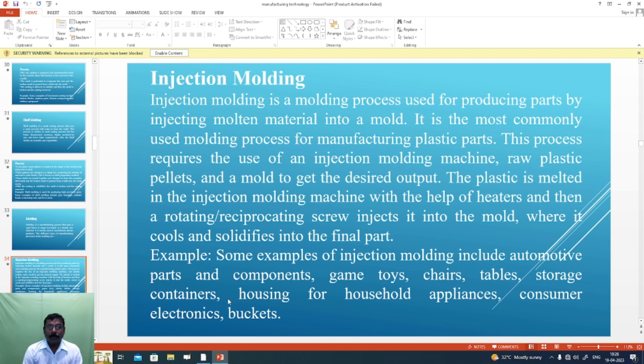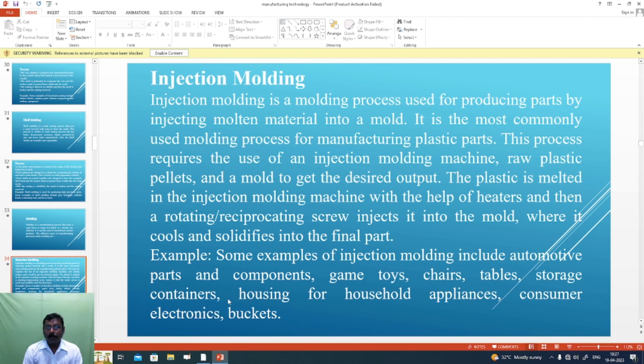It uses raw plastic pellets and a mold to get the desired output. The plastic is melted in the injection molding machine with the help of heaters, and then a rotating reciprocating screw injects it into the mold, where it cools and solidifies into the final part.